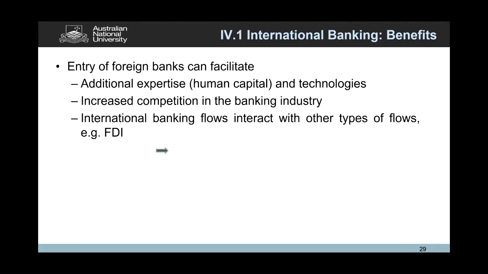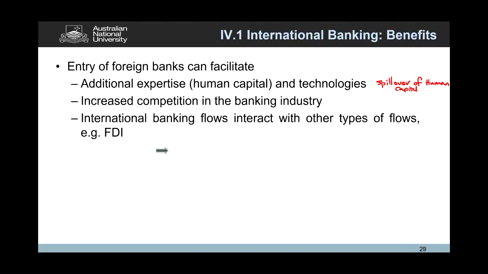What are they? Well, entry of foreign banks may be able to offer a spillover of expertise, right? So a spillover effect of human capital and knowledge.